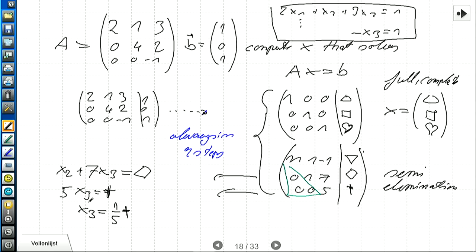But I already know from the first part that I can replace x3 by the dagger, so this actually reads as x2 plus 7 times 1/5 dagger equals the square, and I can solve x2. So you work your way up.